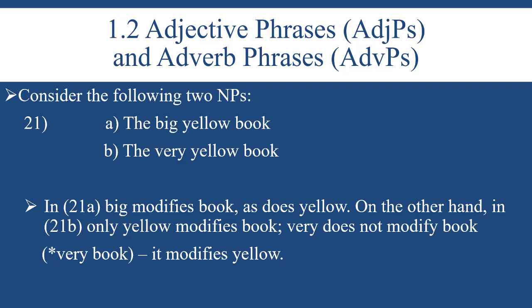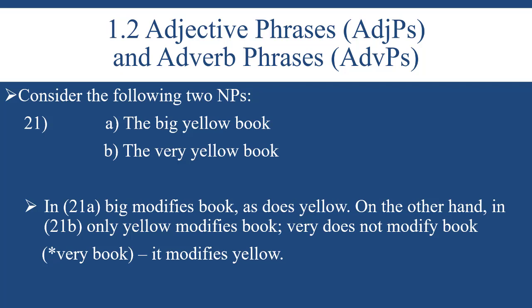On the other hand, in 21b, only yellow modifies book. We cannot say the very book. It's ungrammatical. But we can say the big book. Look at A. The big book, the yellow book, correct.